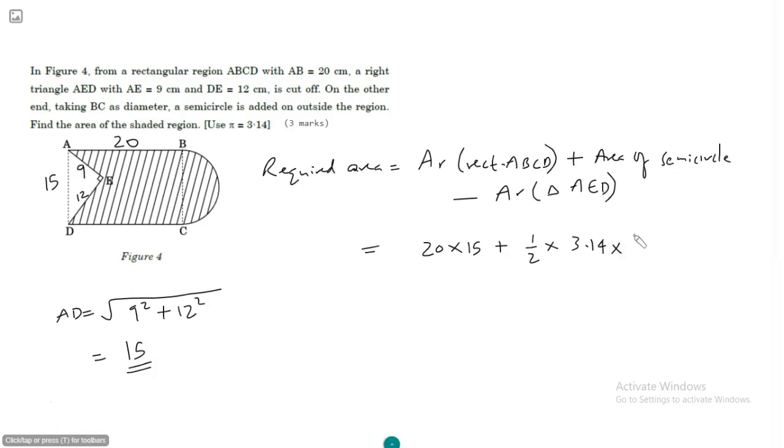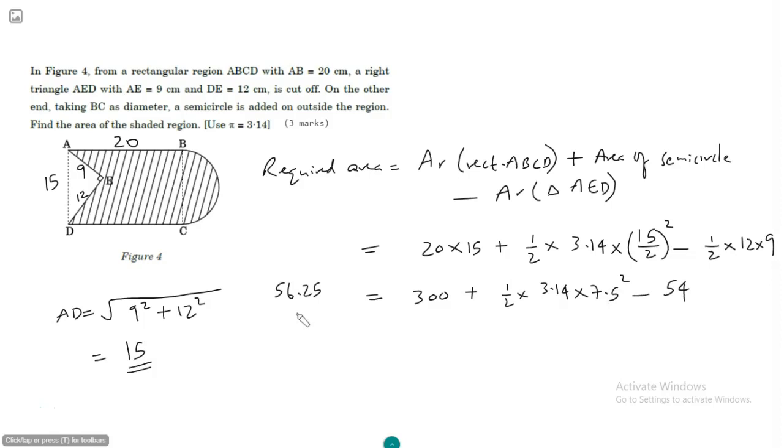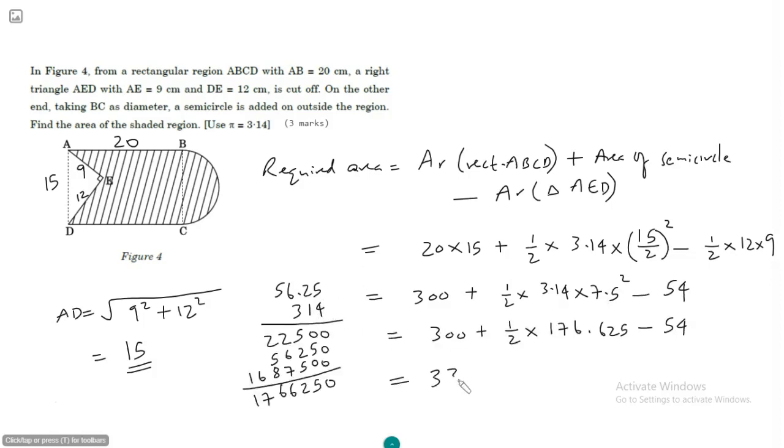And r is 15 by 2 minus area of the triangle is going to be half bh. So that's half into 12 into 9. Now all you have to do is perform these calculations. So if you do the multiplication and the addition and the subtraction and all that, finally, you will get 334.31, correct to 2 decimal places, right? So that's your required area.